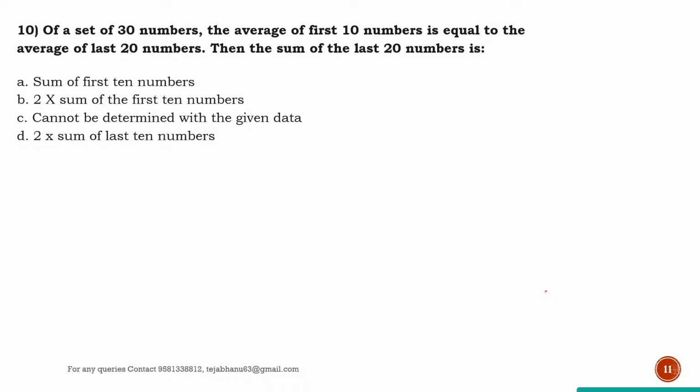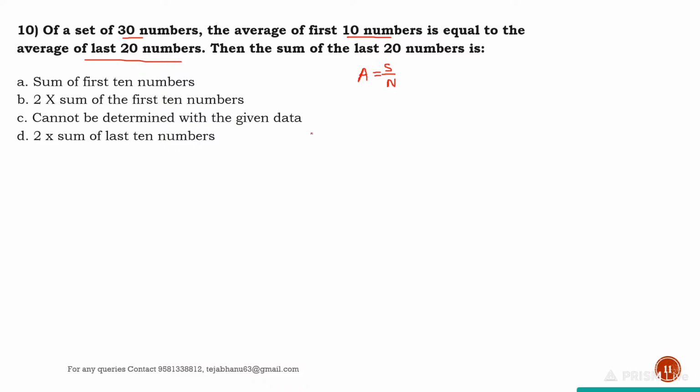Now, have a look. Of a set of 30 numbers, the average of the first 10 numbers is equal to the average of the last 20. We know that average is equal to sum by number.